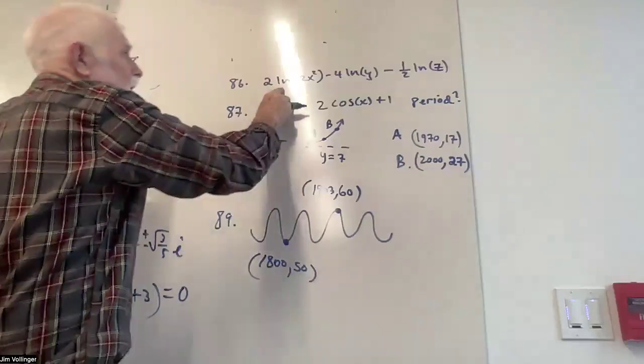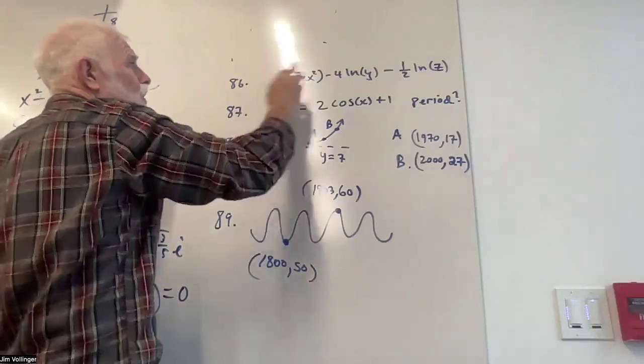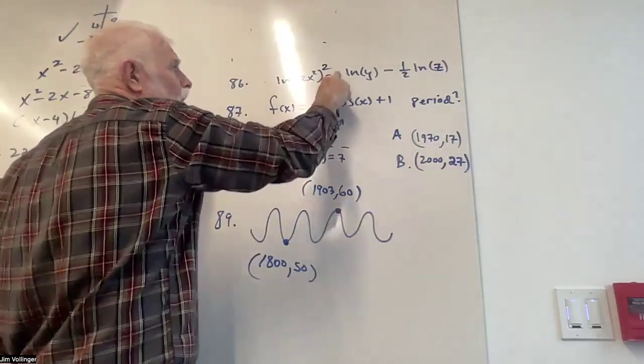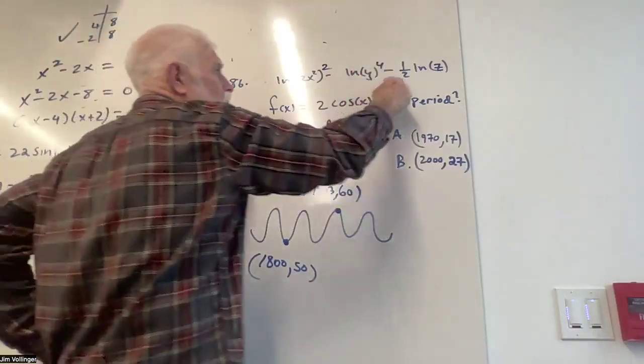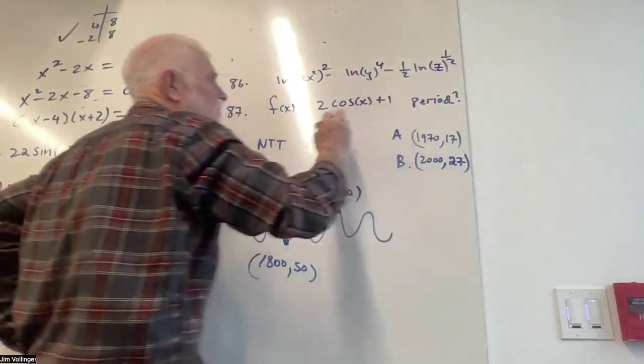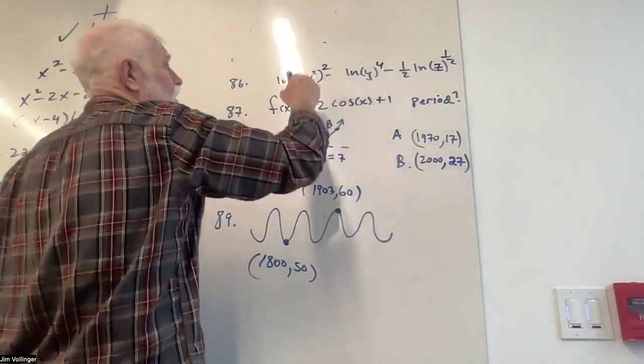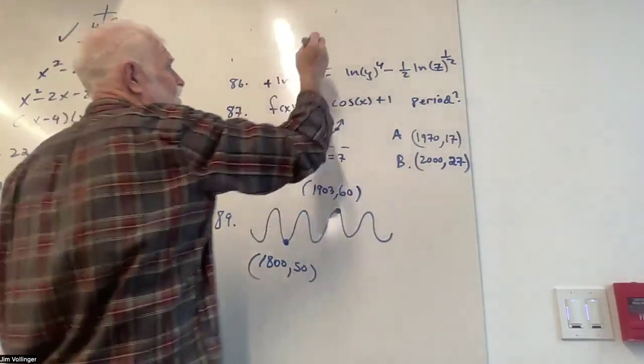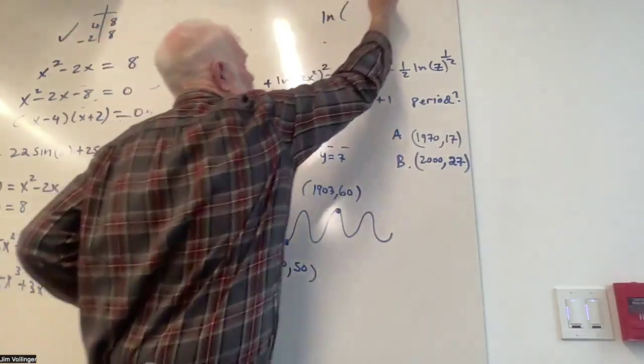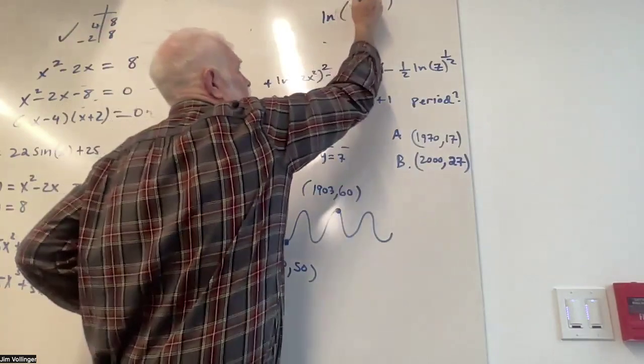We'll see. So the ln, this 2 can go there. This 4 can go there. This 1/2 can go there. That's been explained in other lesson sets. Subtraction means division. So I have a positive here, so that's in the numerator. The ln of 4x to the 4th is in the numerator.